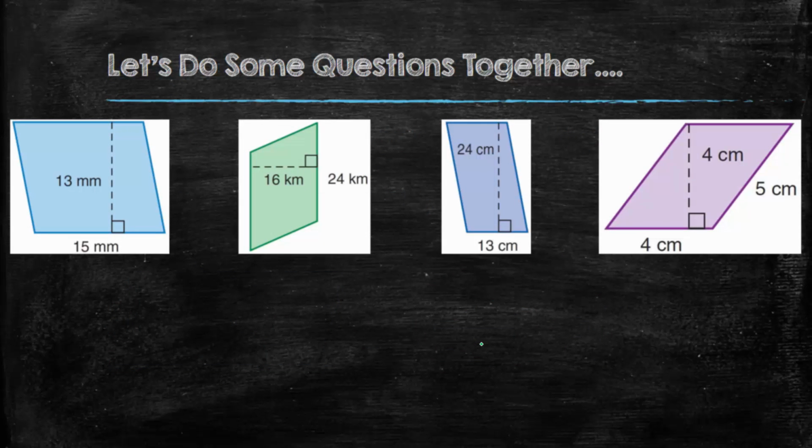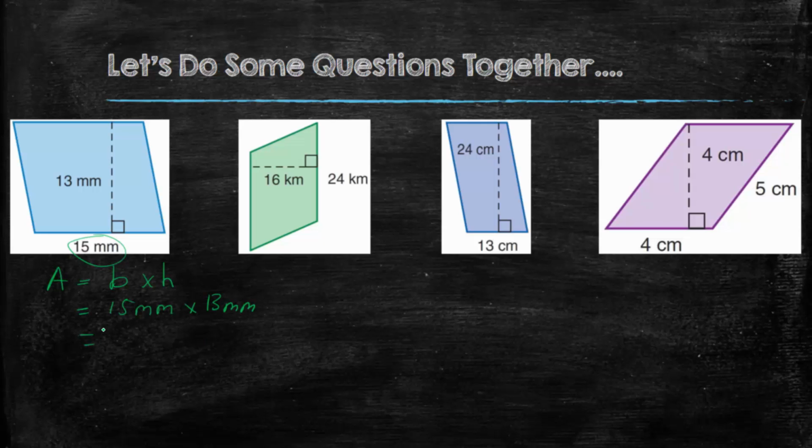Okay, so we've got 4 parallelograms here, and let's find the area. Again, area equals base times height. I always like to write the formula first so that I remember it, right? The base here is 15 millimeters times the height here is 13 millimeters.